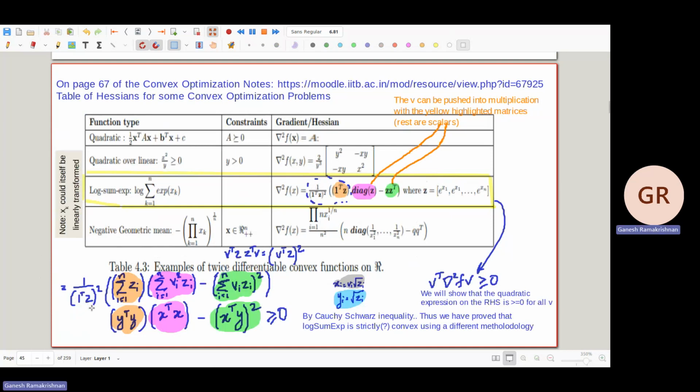So 1 upon, this is fine. But the other terms will turn out to be summation over zi. 1 transpose z is the summation over zi. That's the part in orange. The part in pink, diagonal of z is the sum of regular entries. And that basically is turning out to be p transpose zi.